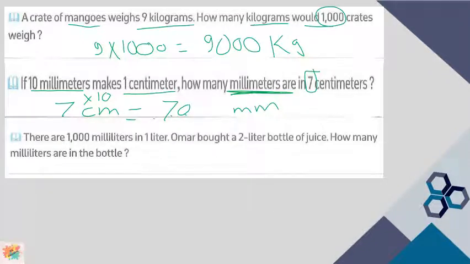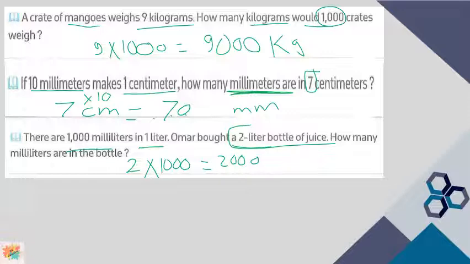There are 1000 milliliters in 1 liter. Okay, we know that 1 liter has 1000 milliliters. Omar bought a 2 liter bottle of juice. How many milliliters are in the bottle? So 2 liter bottle of juice, we will multiply 2 by 1000, so the answer will be 2000.